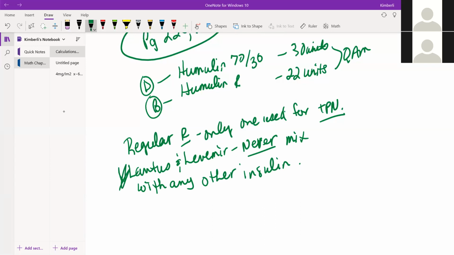Okay, so going back to question number 9 on 225, which syringe should be used to administer these medications together? So we want how many units all total? We have 30 units of 70/30 and we have 22 units of Humulin R. So we're going to have 52 units total.